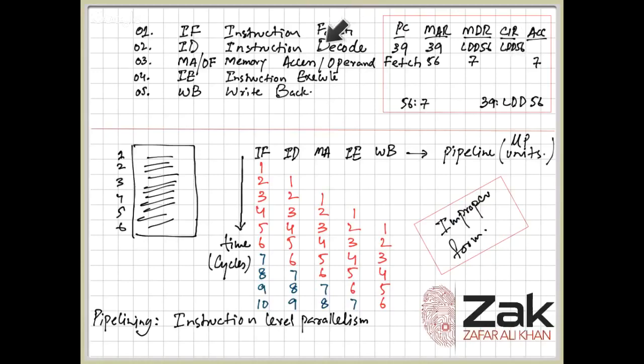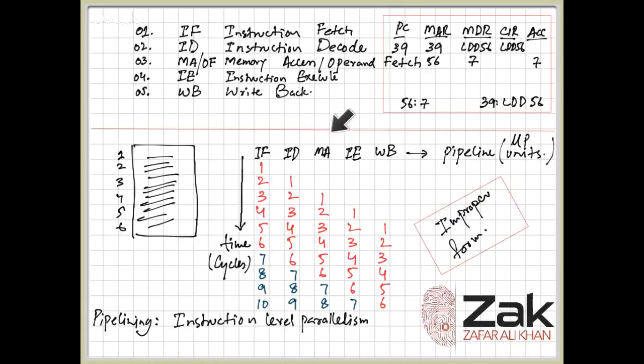This is the fetch part. The CIR then decodes. When it decodes, it finds out that there is an address which is the operand. That operand is put back in the MAR. This is the memory access part. From 56, what arrives in memory? 7. Memory accessed. And then execution of the instruction happens. And then this 7 will be written back.